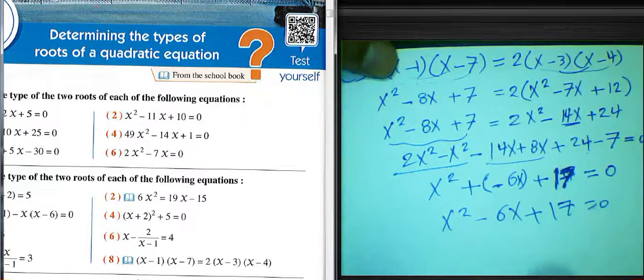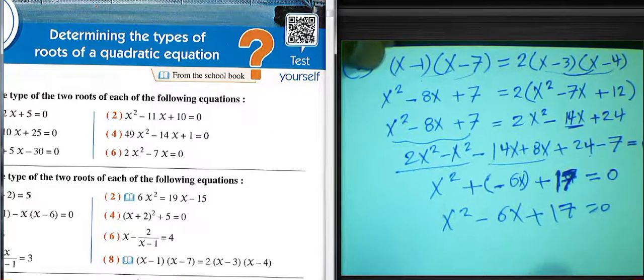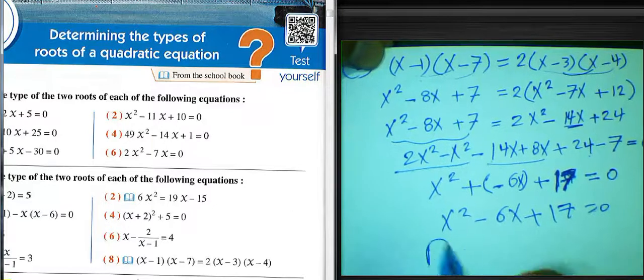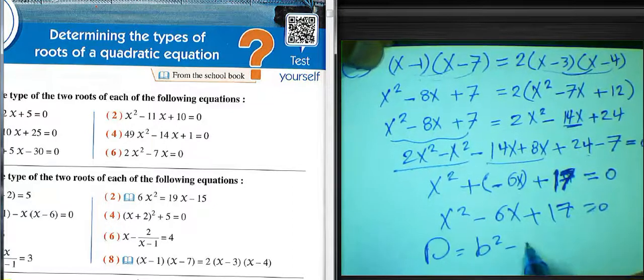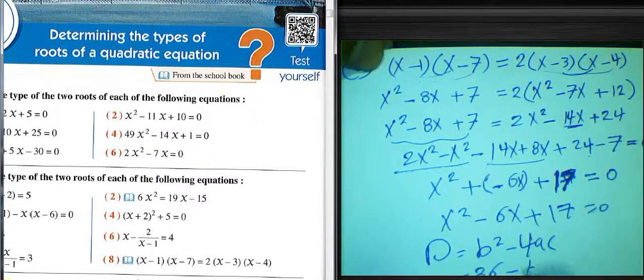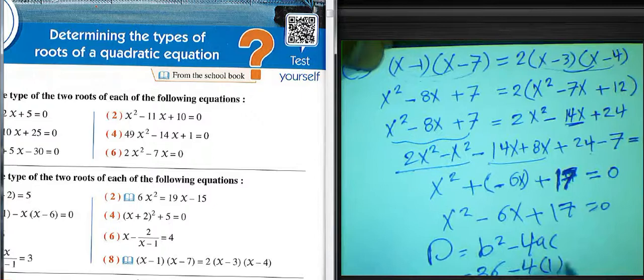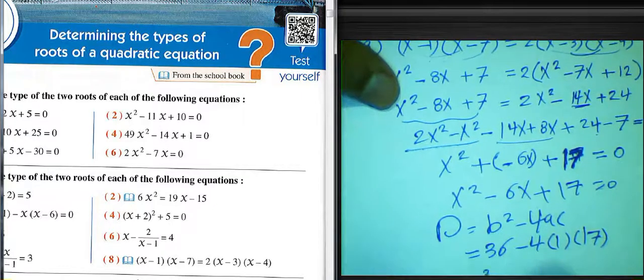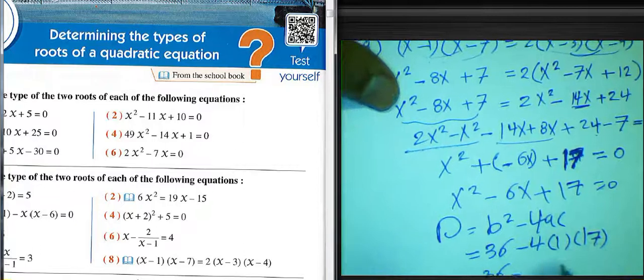So we can determine by using the discriminant. It tells us b power 2 subtract 4ac equals 36 subtract 4 multiply a multiply c equals 17. So we write 36 subtract 4 times 17.